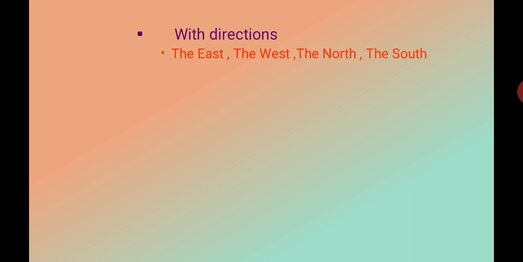Not only the directions, but any part of the world we can use the before: the middle part, the middle earth, the southern west, the northern east. For this type of any part of the world, we can use the before them.